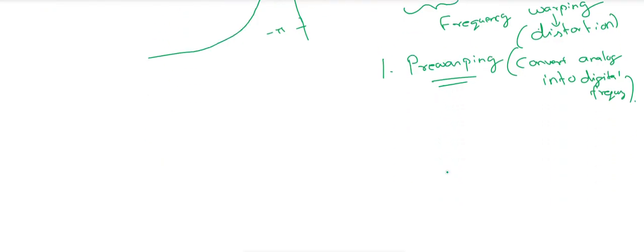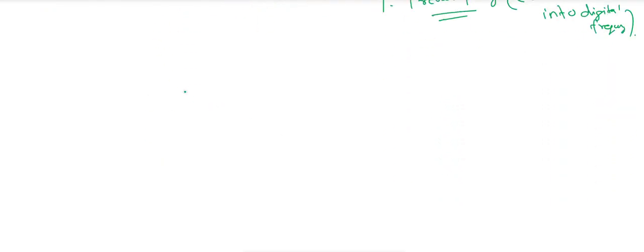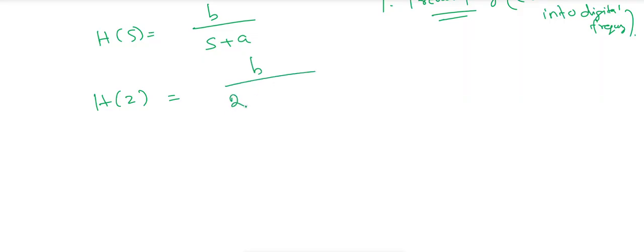So there is no need to derive the complete derivation. You can refer to Proakis's book on the bilinear transformation. There are two transformations, as I said, from S plane to R plane and R plane to Z plane. If you consider the first order case, for example, H of s is equal to b divided by s plus a. This is a first order system. If you take H of z for this one, you will get b divided by s plus a, where s is equal to 2 by T into 1 minus z inverse by 1 plus z inverse.